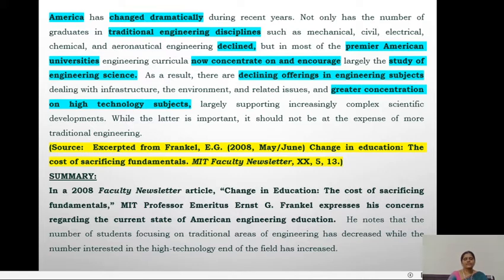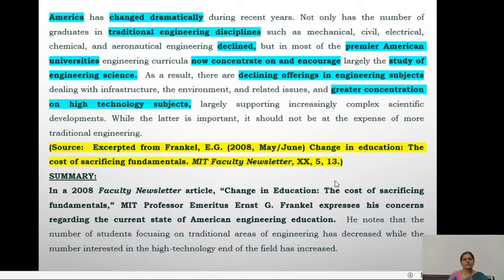He notes that, taking the main points, the key points we have highlighted, we try to combine these things. He notes that the number of students focusing on traditional areas of engineering, traditional engineering disciplines, has decreased, while the number interested in high technology, greater concentration on high technology subjects, has increased.